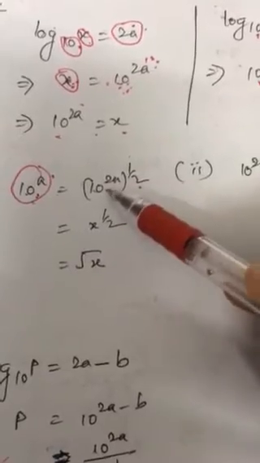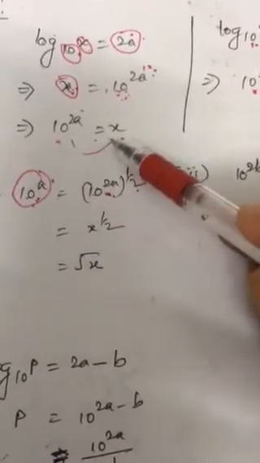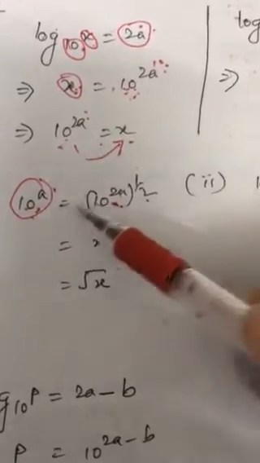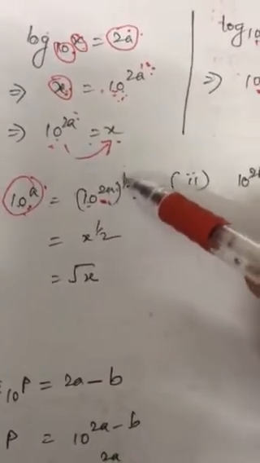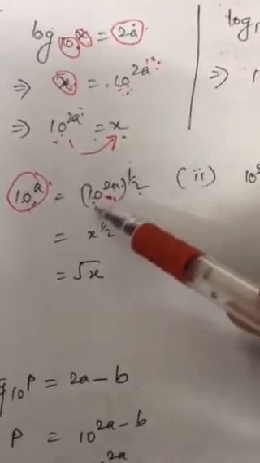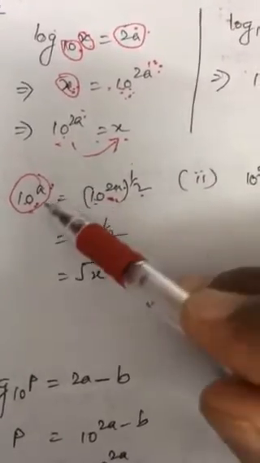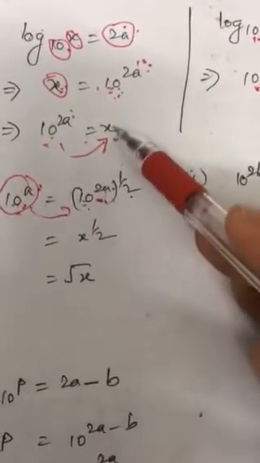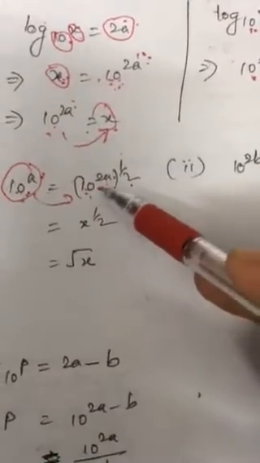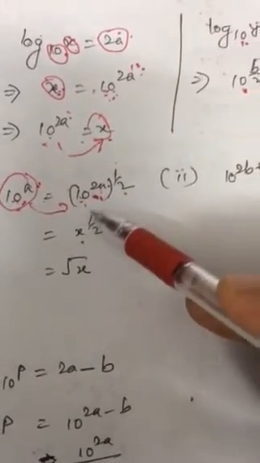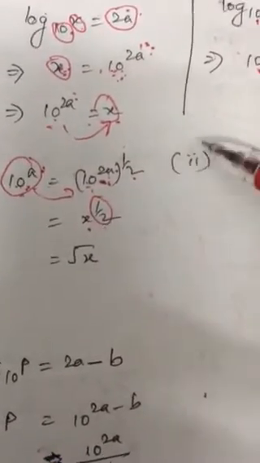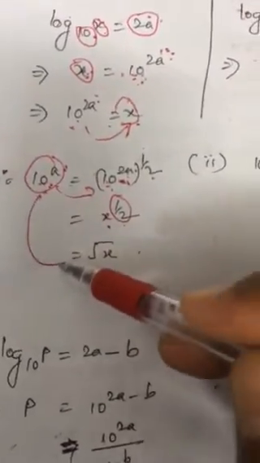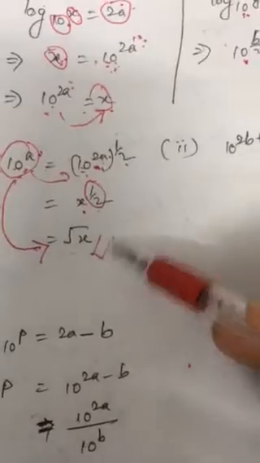Because the value of 10^(2a) is given as x. So in place of it you write x, and a half power means square root. So square root of x. Thus 10^a is written in terms of x.